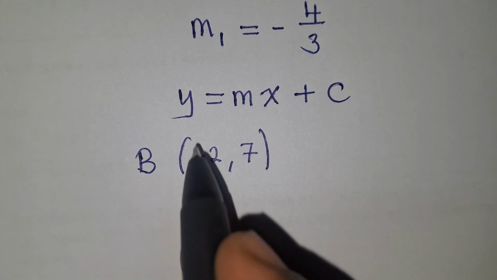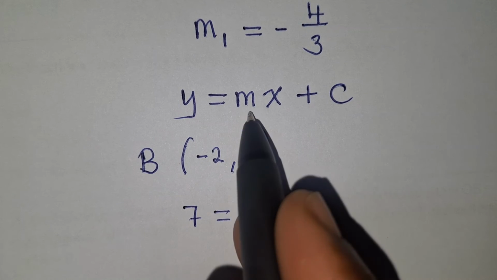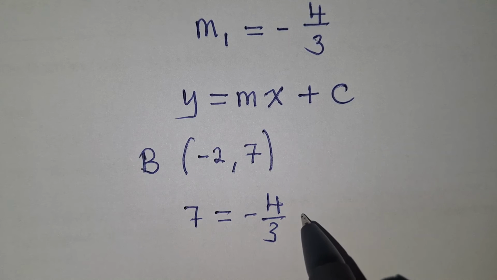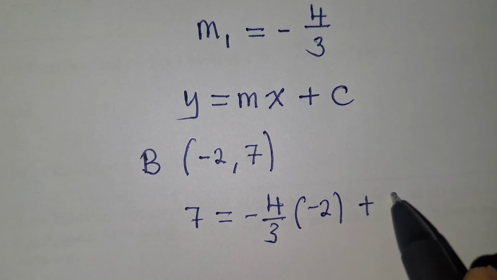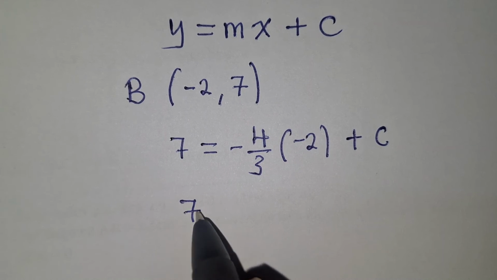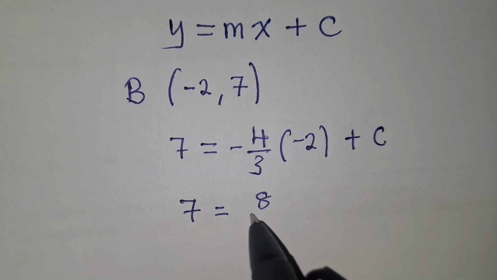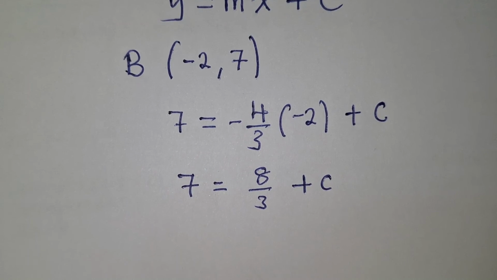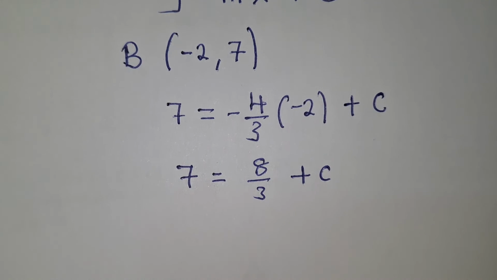So we're going to say our y, it's 7, equal to our m, which is -4 over 3, our x here, it's -2, plus c. We are solving for c. This will be 7 equal to 8 over 3 plus c. So -4 times -2 will be positive 8.